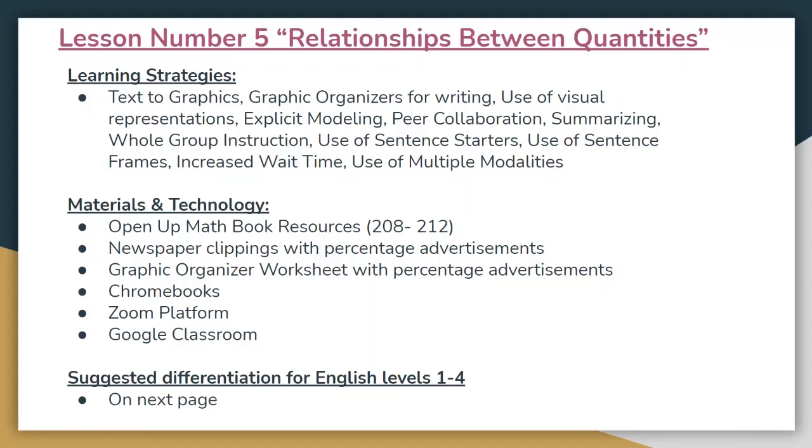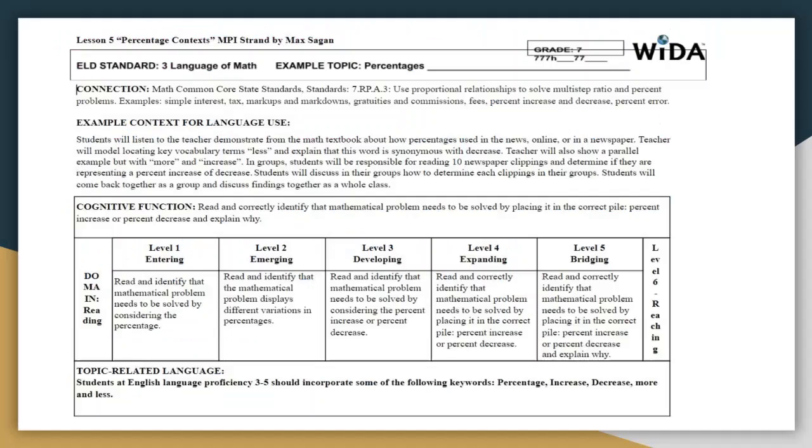Materials and technology are the Open Up Math book resources, pages 208 to 212, newspaper clippings with percentage advertisements, graphic organizer worksheet with percentage advertisements, Chromebooks, Zoom platform, Google Classroom, and finally, the suggested differentiation for English levels 1 through 4 is found on this page.